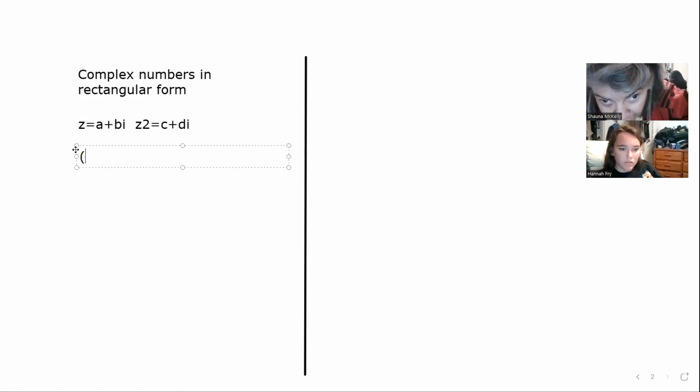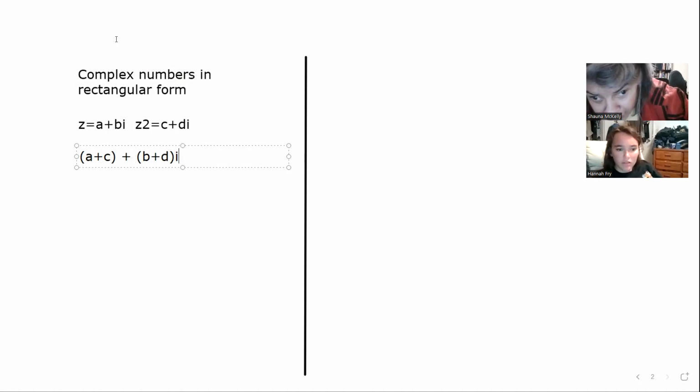So I have A plus C, because those are the real parts, right? And then I do plus B plus D i. So basically I add up the real parts, which are the first two, and I add up the imaginary parts and put an i after it.